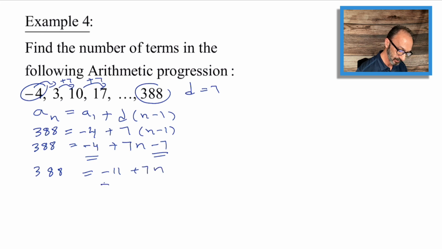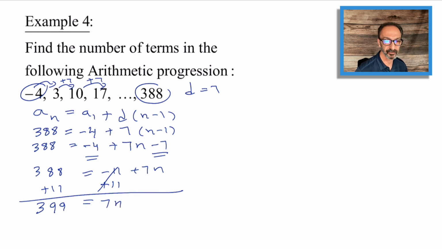Let's add 11 to both sides, and that's easy to add right here. 8 and 1 will give me 9 and another 9. So we have 399 equals 7n.